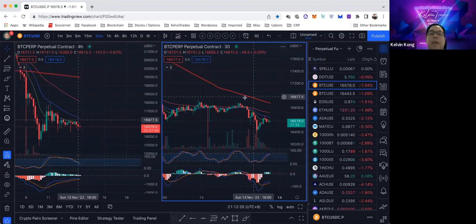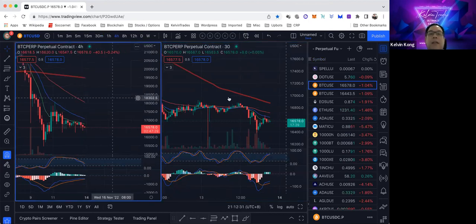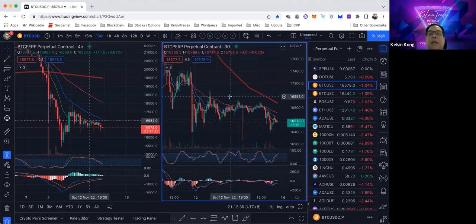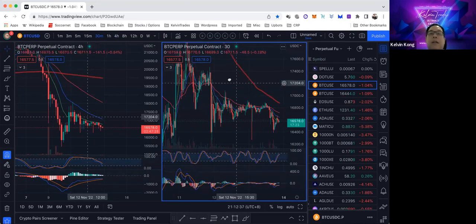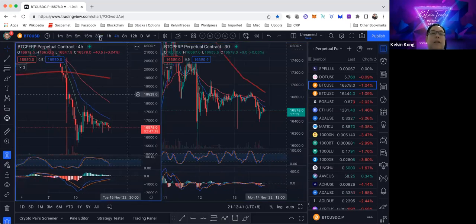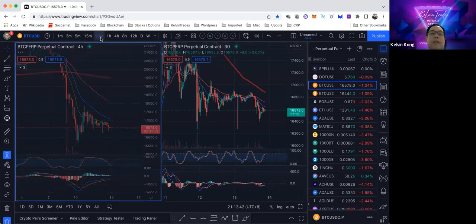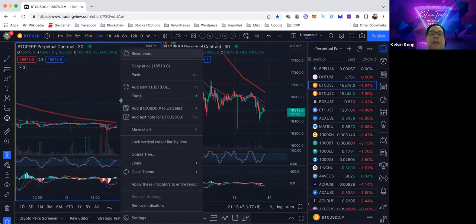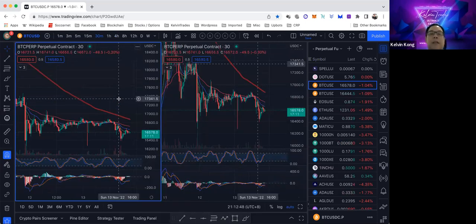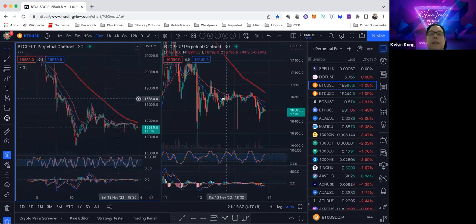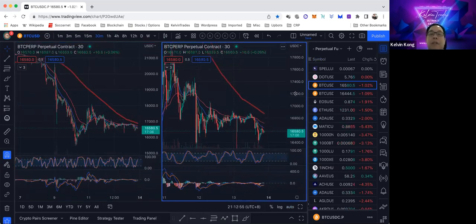Okay, this is Bybit. This is Binance. Okay, there are slight differences, right?